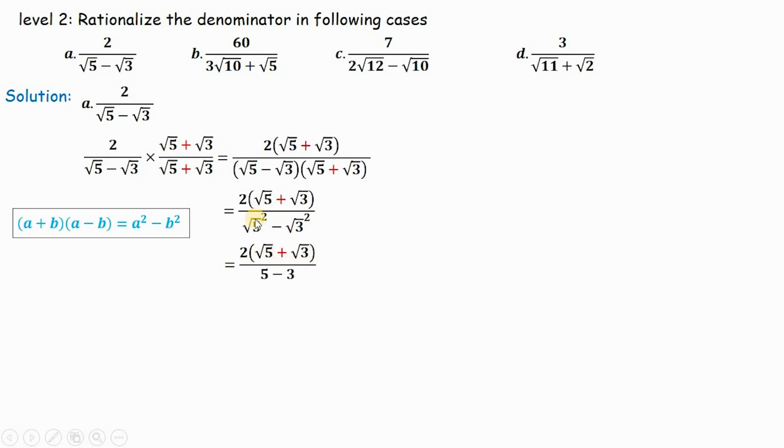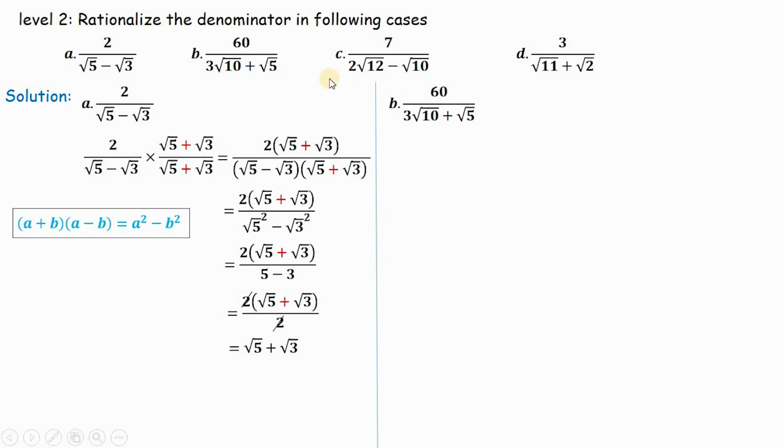So square and root get cancelled over here. You will get 5 minus 3, and 5 minus 3 is 2. Therefore here 2 and 2 get cancelled. So the answer you get is square root of 5 plus square root of 3. Here the denominator is 1, so the denominator is a rational number. Therefore we have rationalized the first question, and this is our required answer.